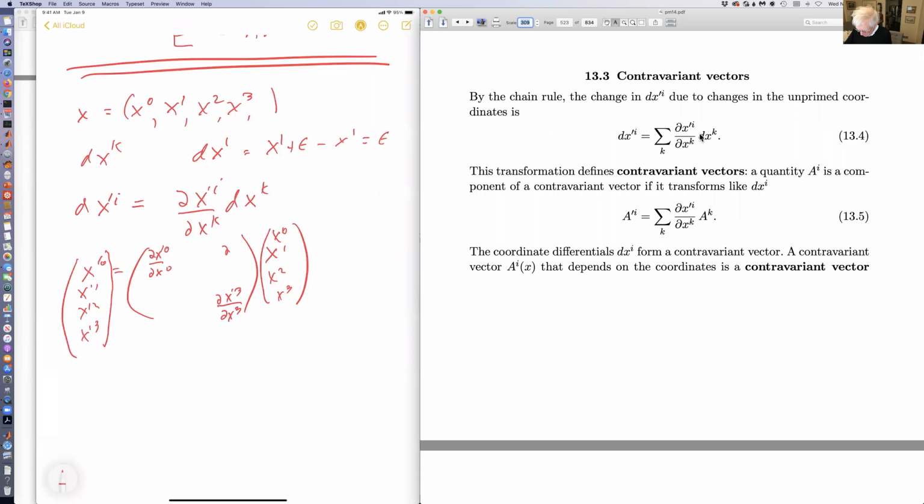This one would be partial x prime 0, partial x3, and this one would be partial x prime 3, partial x0, and so forth. Anyway, that's how these coordinate differentials change, and things that transform this way are said to be contravariant.